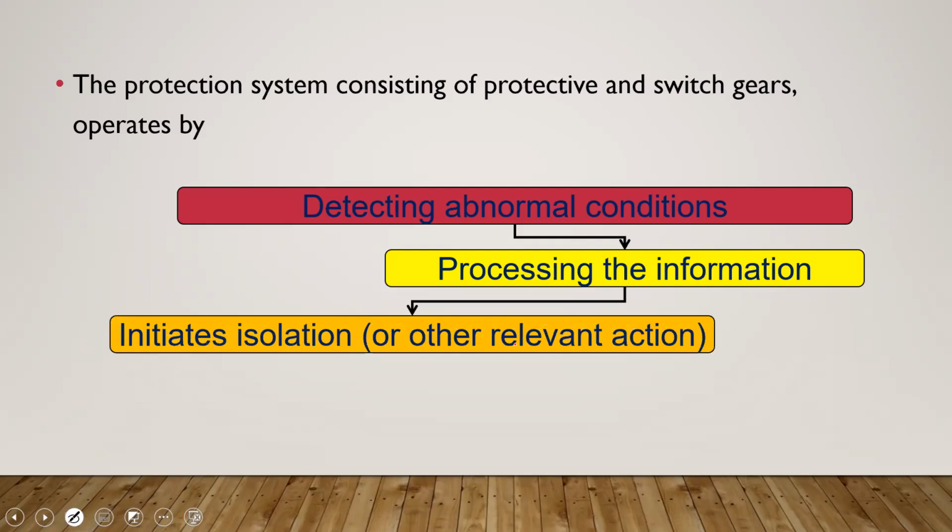And then the third step is that there is initiation of isolation. So now the relay will tell the breaker to trip. So it initiates isolation. It tells the breaker what to do. Now I have there "or other relevant action," because there are some cases where instead of isolation, what is triggered is an alarm.